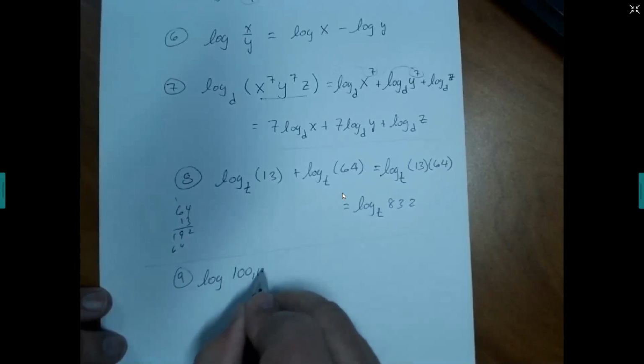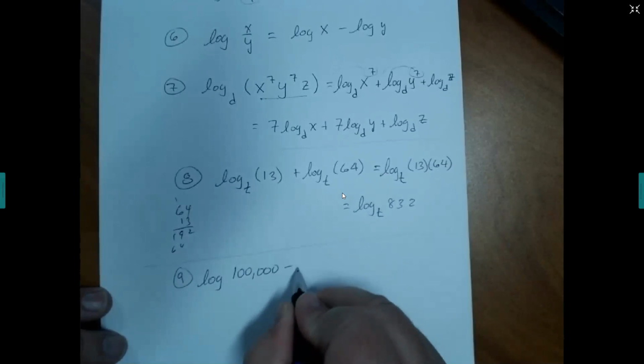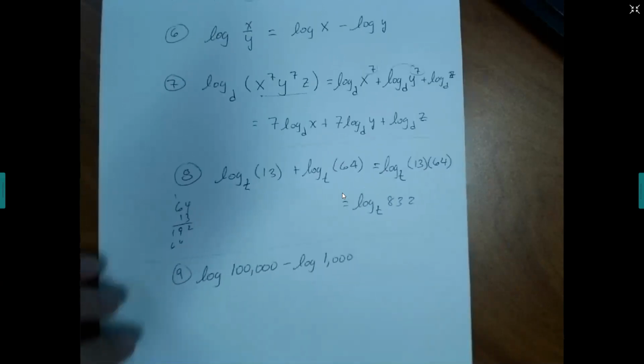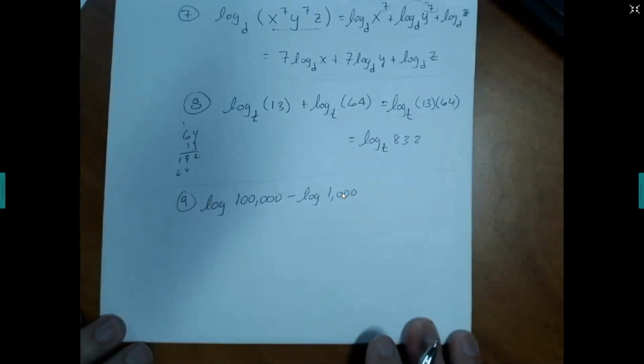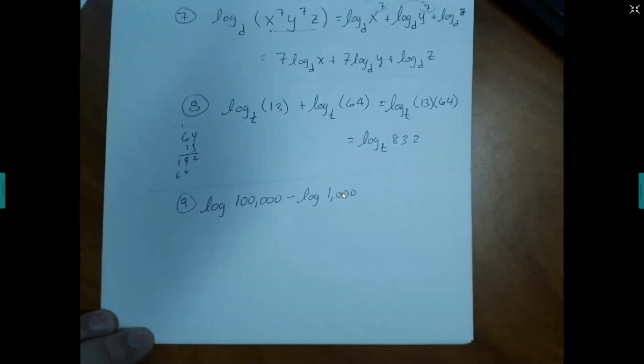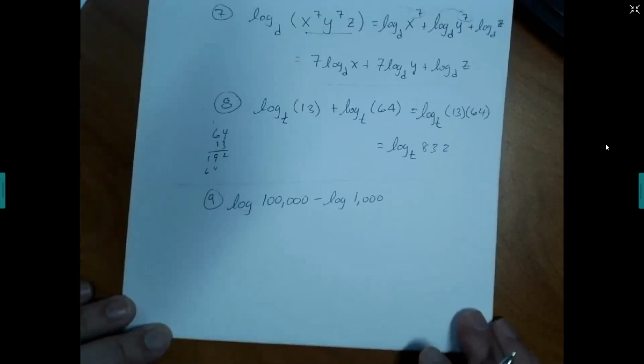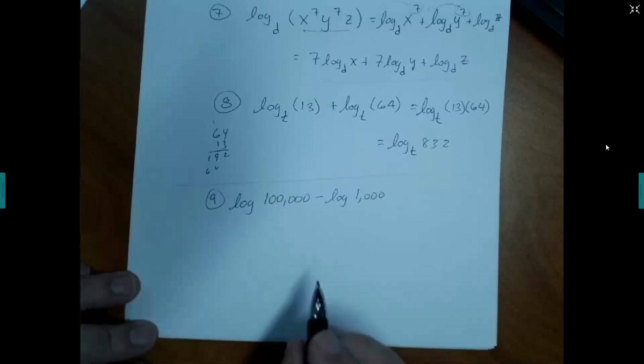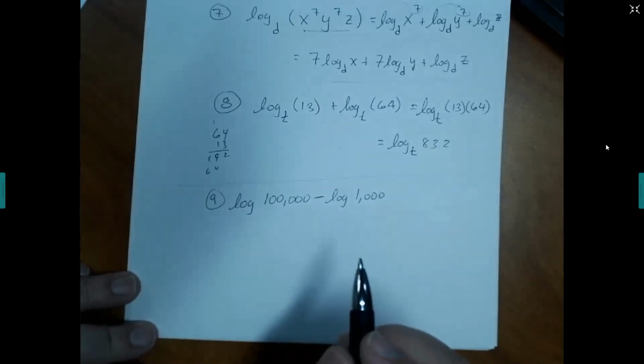Log of 100,000 minus the log of 1,000. All right. Since they're subtracted, we're going to do what?